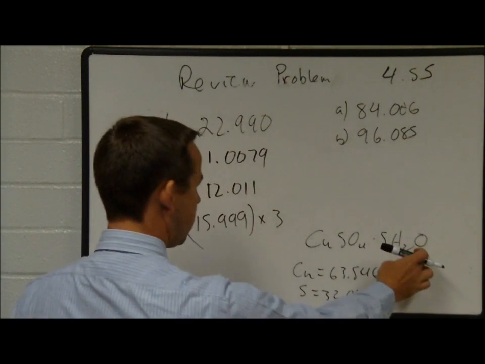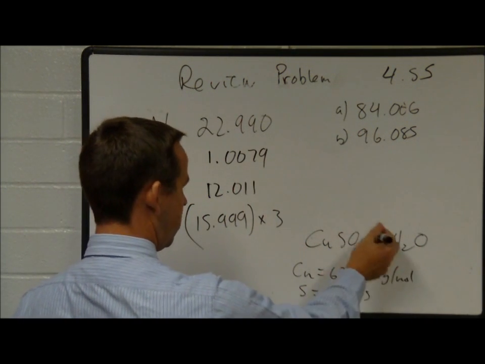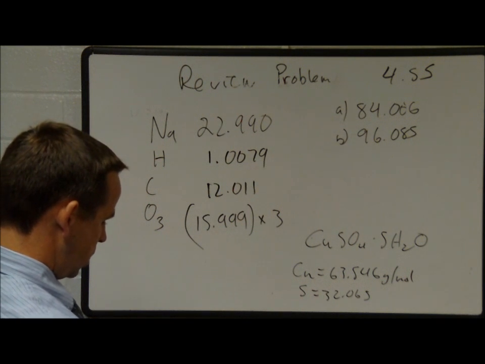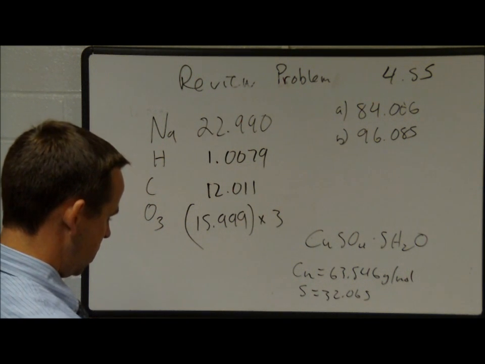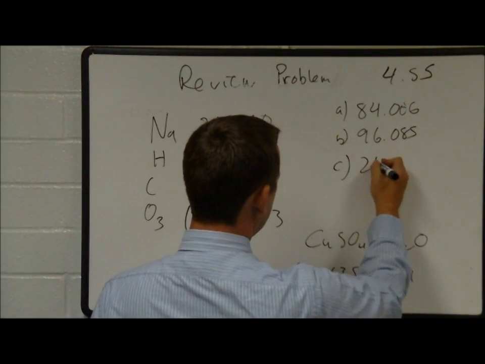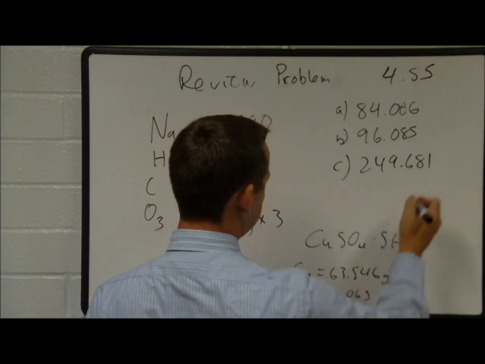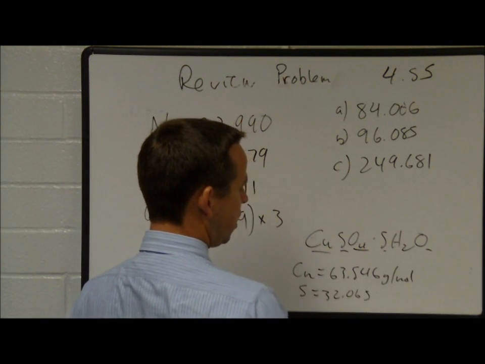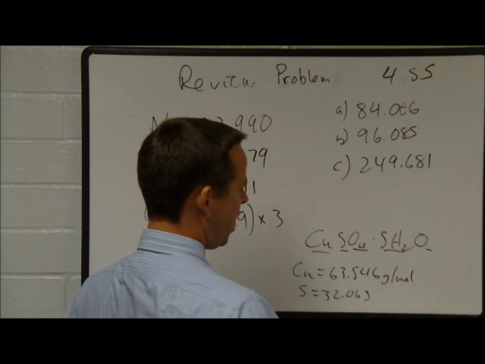Oh, I only added those 5 oxygens. I also have to add these 4 over here. So plus an additional 4 times 15.999. 249.681. That's it. Good. So I added up 1 copper, 1 sulfur, 4 plus 5, 9 oxygens, and then 10 hydrogens.